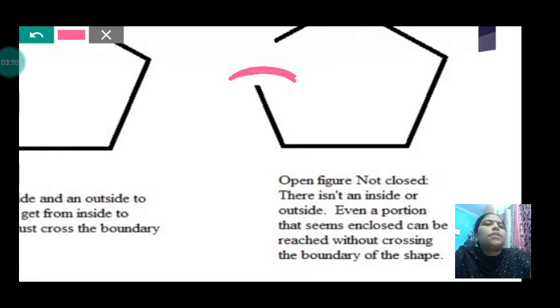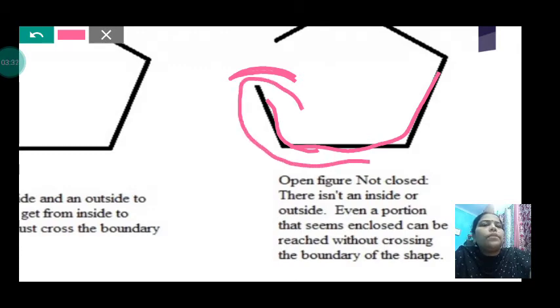So here what do we see? That this seems closed, it is enclosed, but we can reach there without crossing the boundary. So we can move from here to the other part. So in the open figure we don't have to cross the boundary.